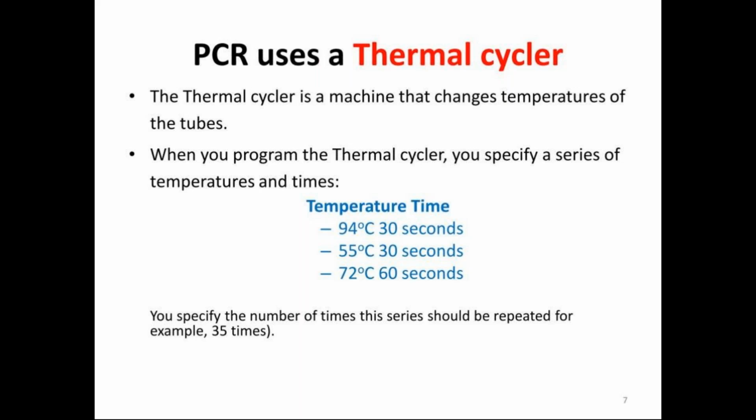So we set in the PCR program 94 degrees Celsius for 30 seconds, 55 degrees Celsius for 30 seconds, and 72 degrees Celsius for 60 seconds. After completion of one cycle, from one DNA molecule, 2 DNA molecules are synthesized. In this way, multiple cycles are repeated and a number of copies are generated after the completion of PCR.